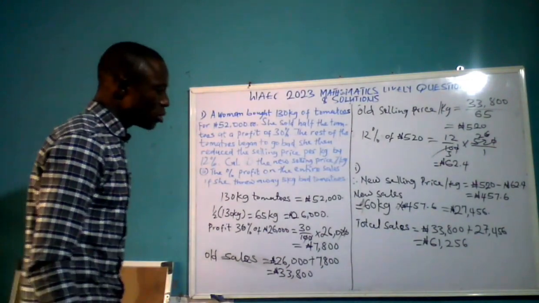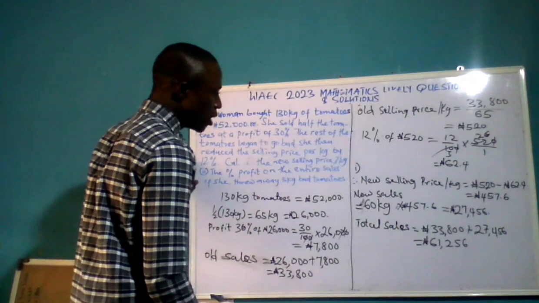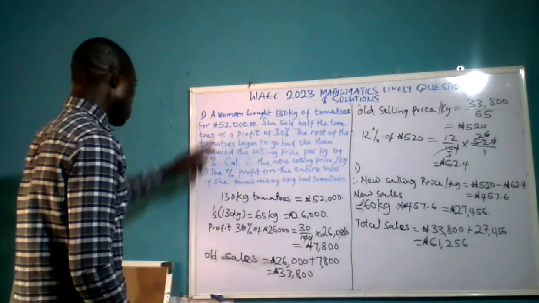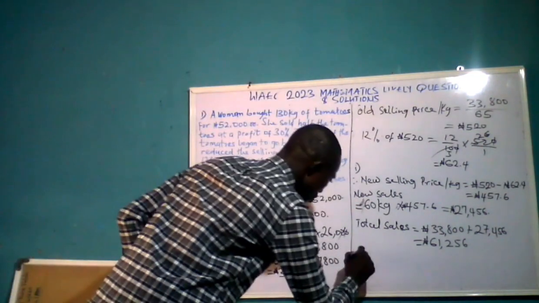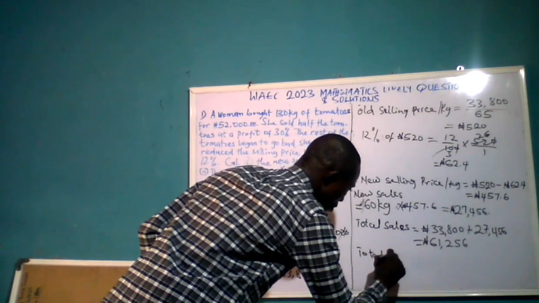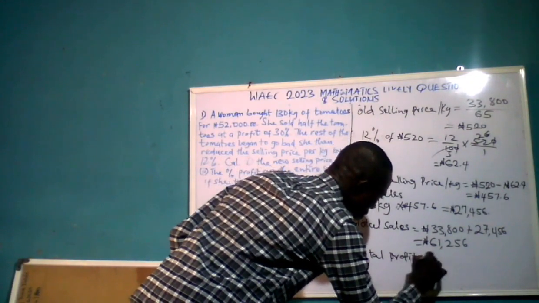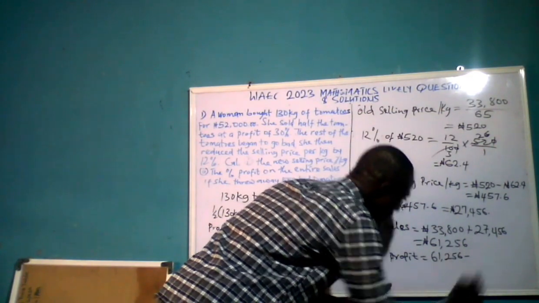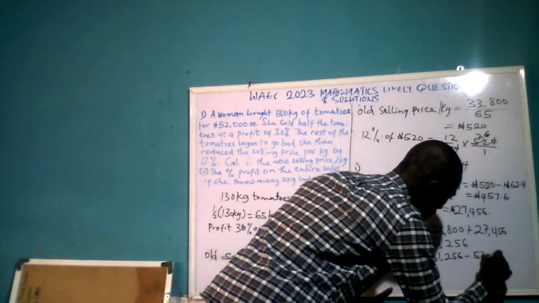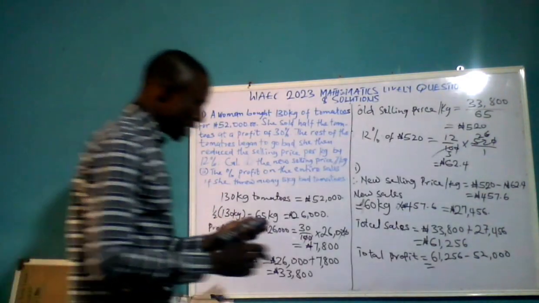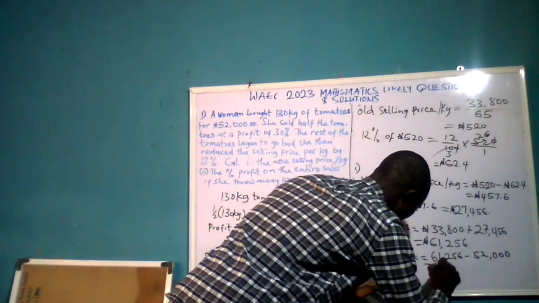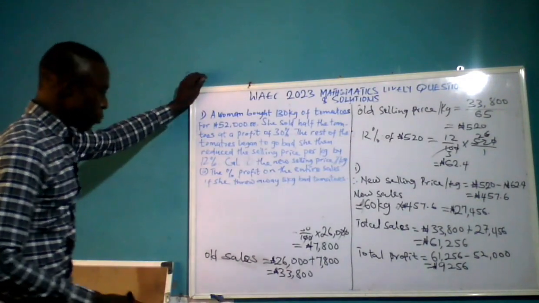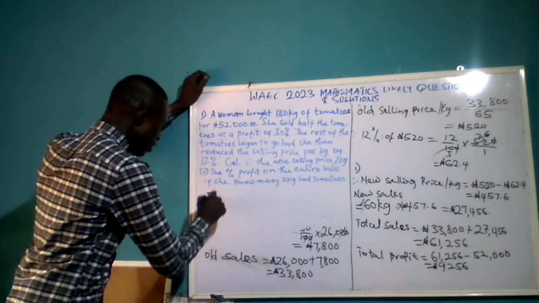Now the next thing is to look for total profits, and total profits will be total sales minus the total cost. Of course, the total cost was given as 52,000 naira. Let's look for total profits. Profit is equal to 61,256, which is the total sales, minus 52,000 naira. That gives us 9,256 naira.